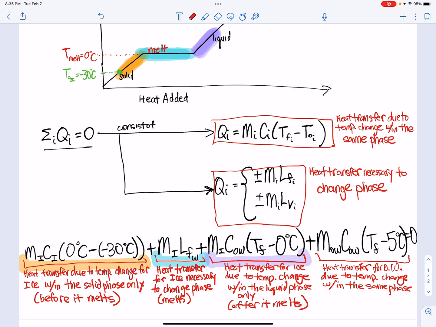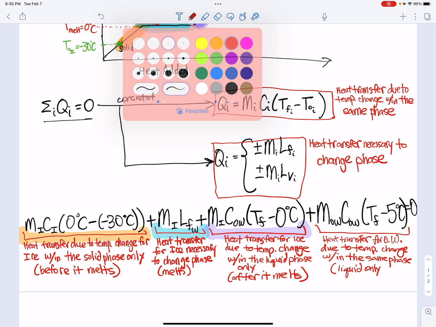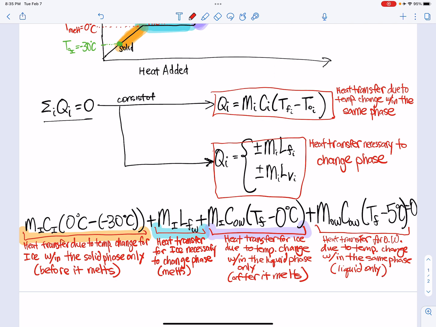Okay? And we know that the ocean water was at 5 degrees Celsius and it was just a liquid, right? It did not change phase, so liquid only. So for that reason, the ocean water part doesn't have the formula for the heat transfer necessary to change phase. It doesn't have that because it stayed as a liquid. Okay? And all that is equal to 0. I ran out of space, but it says right here equal to 0, right? Okay.